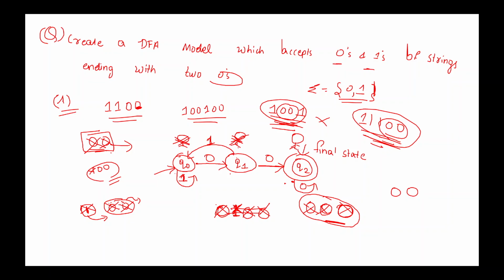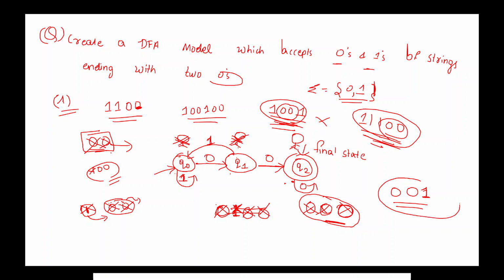And at q2, I now have to define on 1. What is my condition? Does my example fulfill the requirement? No, because we need strings that end with two zeros. I have reached the q2 state and now have to define for 1, but this example still does not fulfill my requirement of ending with two zeros.